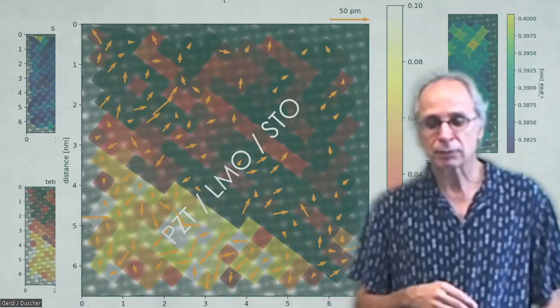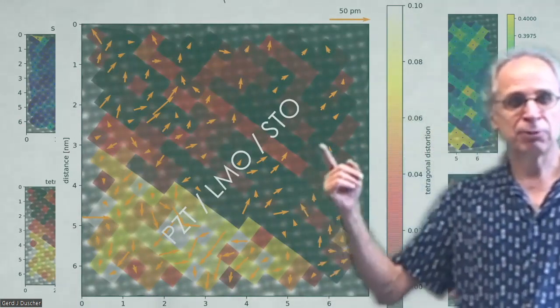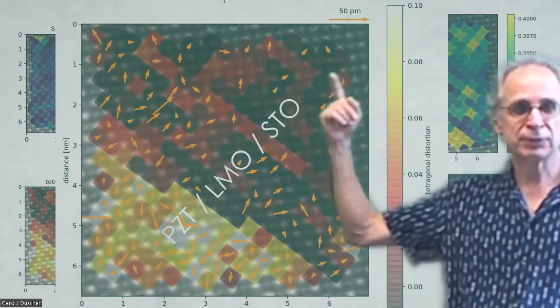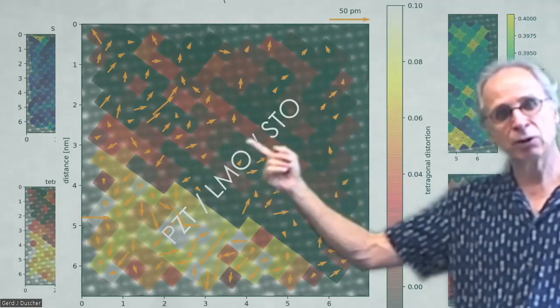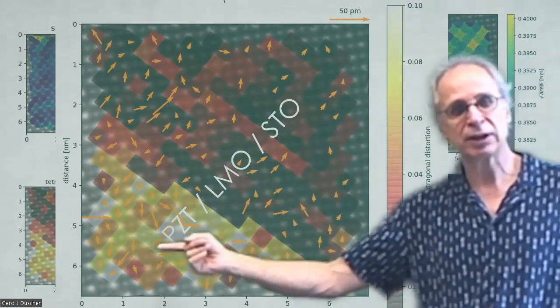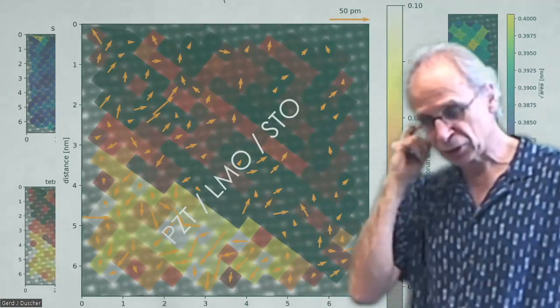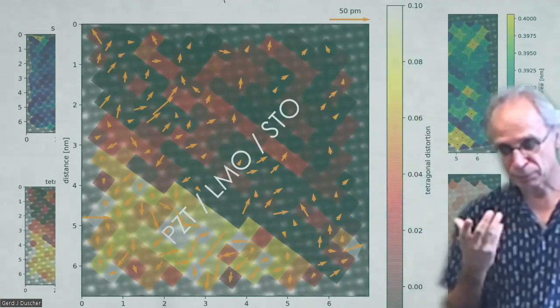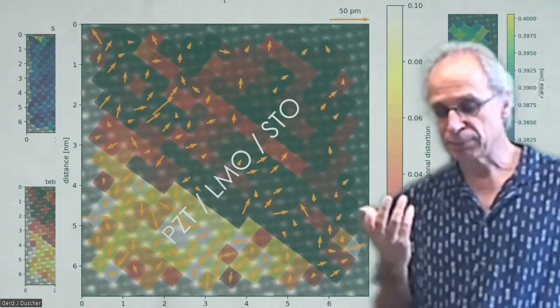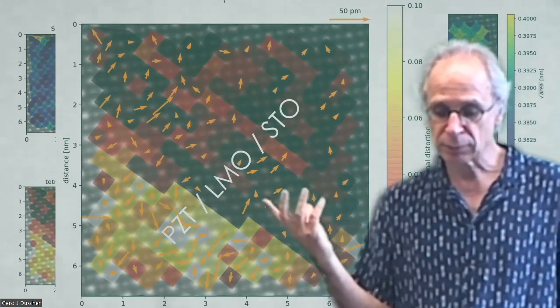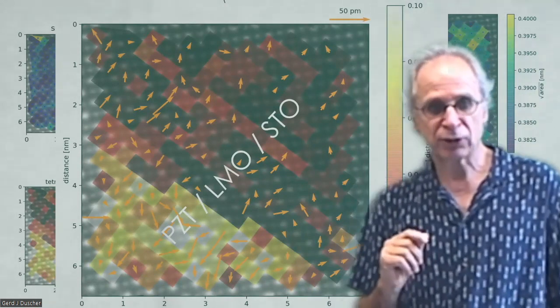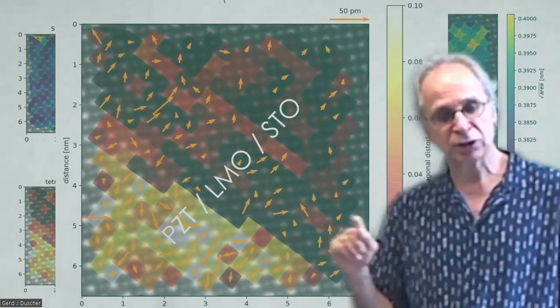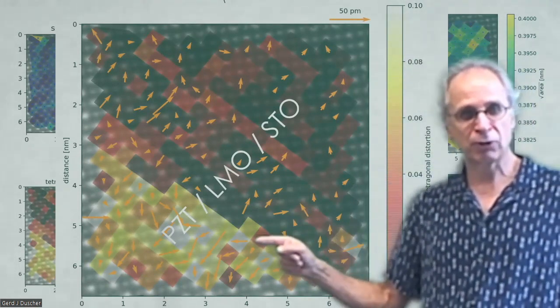And then if we look here, we have basically no distortions, right? And in the PCT, we have a distortion. And now we can analyze the deviation of the titanium oxygen from the center.